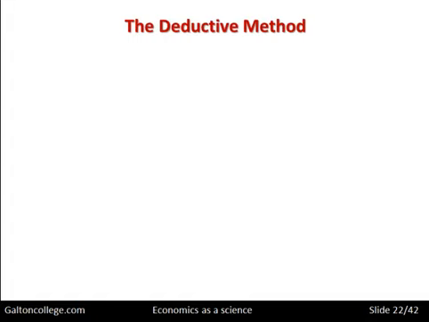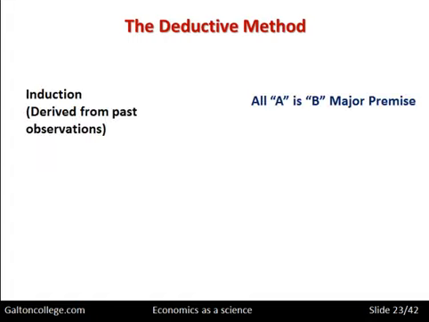Now let's move to the deductive method. Induction is derived from past observations. So we say all A is B. And we call that our major premise, let's say. We're going to use this idea of a syllogism.